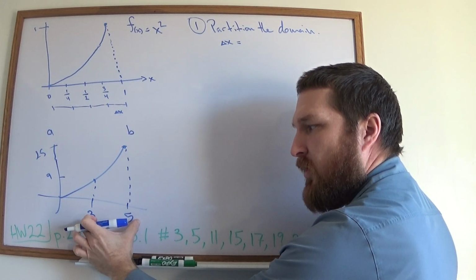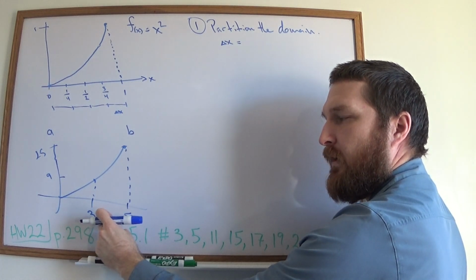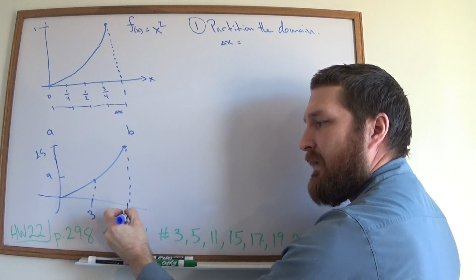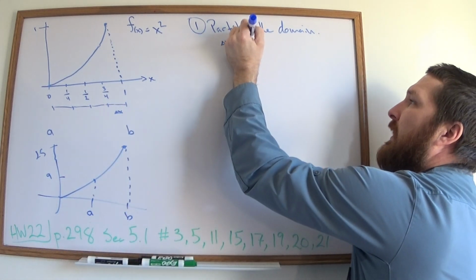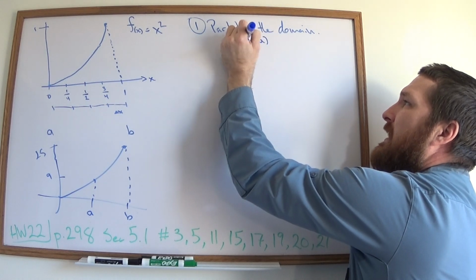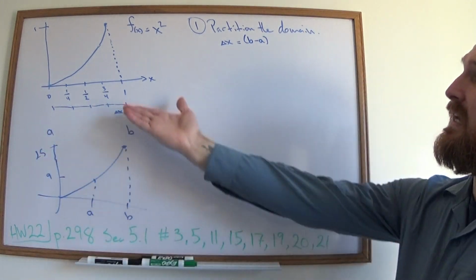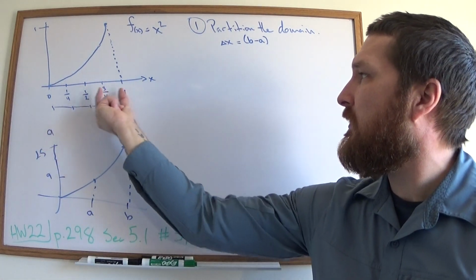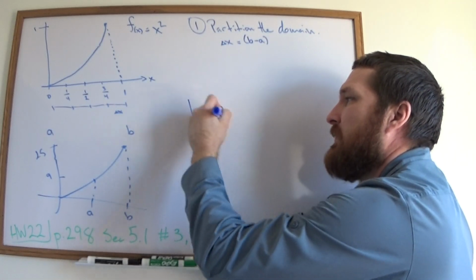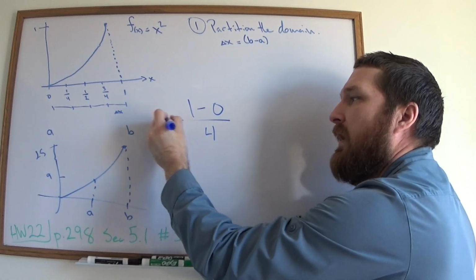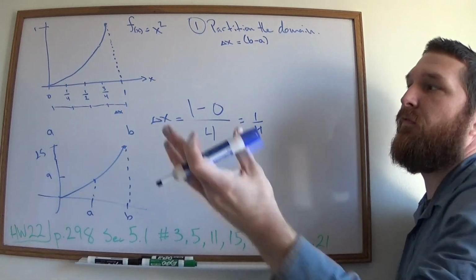How did I get the 2? You took your final point minus your initial point. So if that final point is b and that initial point is a, we take b minus a and divide it into, in this case, 4 chunks. I took 1 minus 0 divided by 4, and I got that my delta x was 1/4.